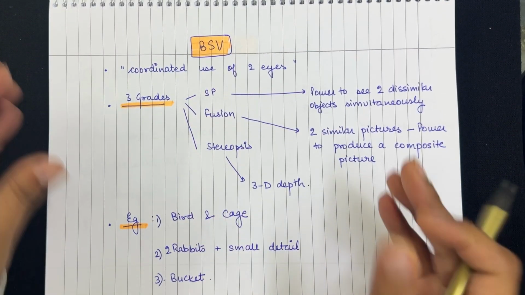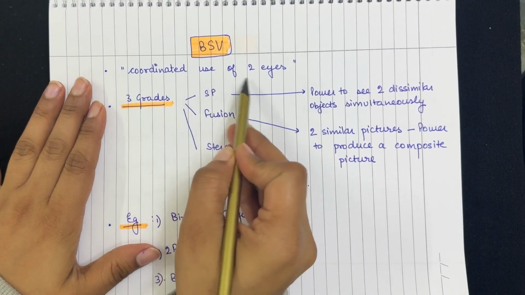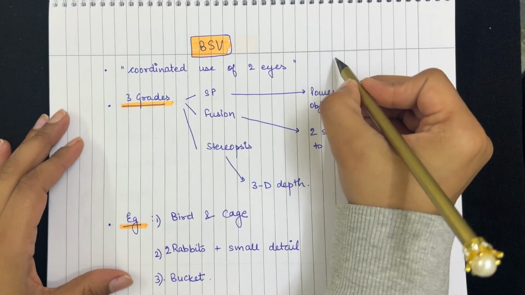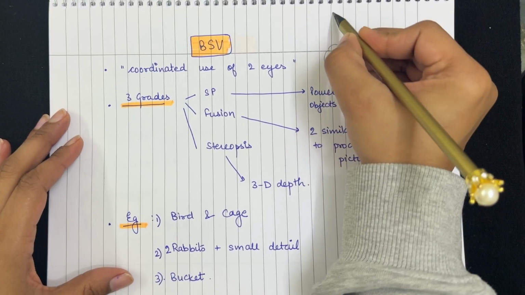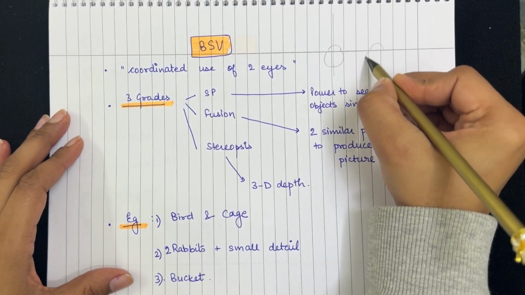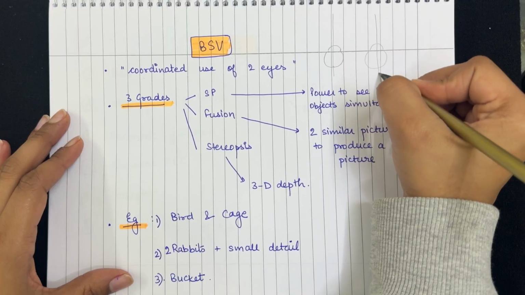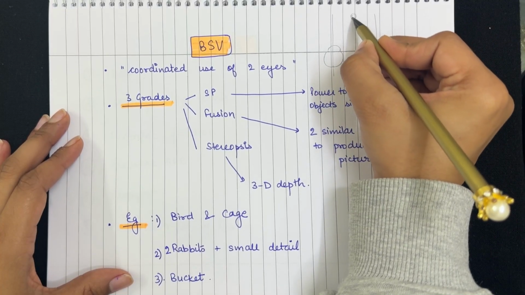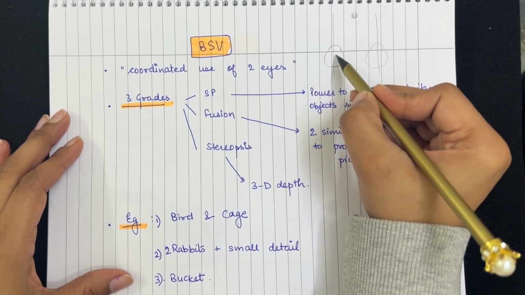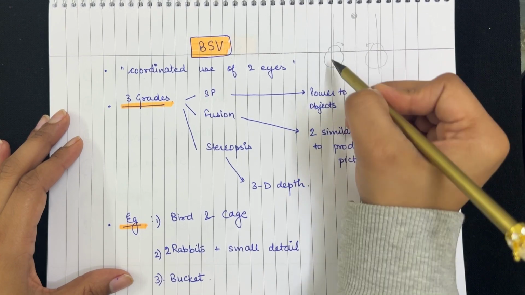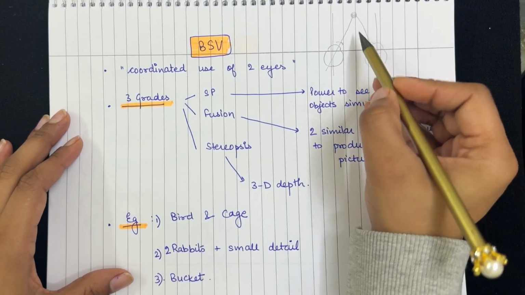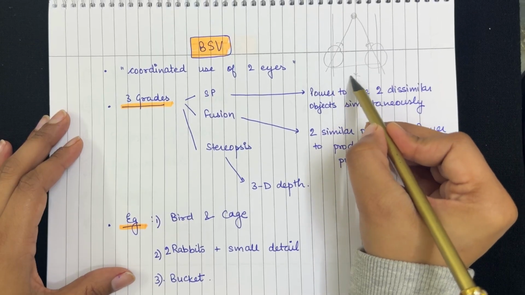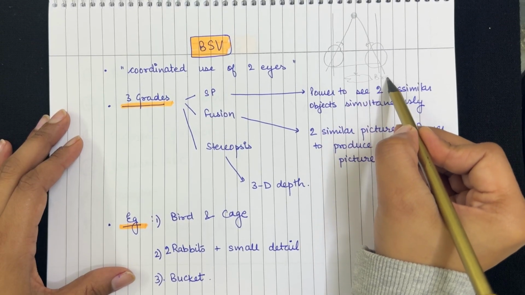You should remember that it is the coordinated use of two eyes. Suppose one eye has this primary gaze, the other eye has this primary gaze, and if I want to focus on this object, now both eyes should turn simultaneously to focus on this object, and this should make a single vision in the brain.